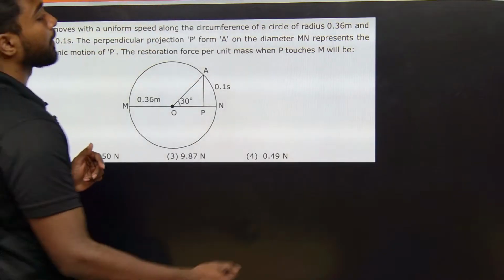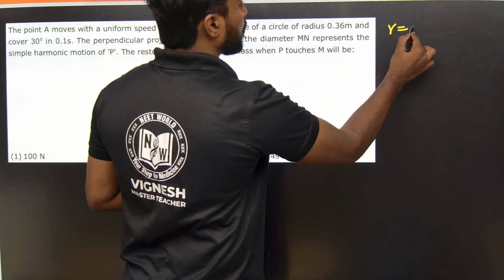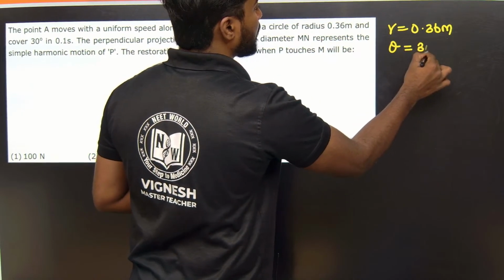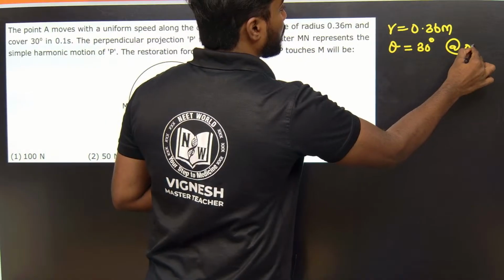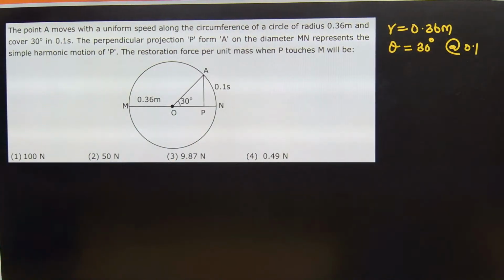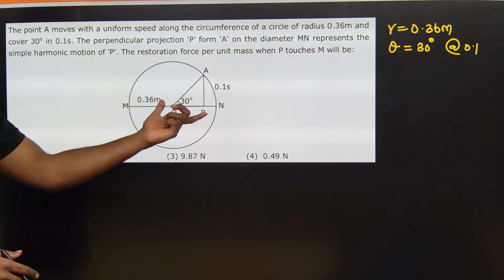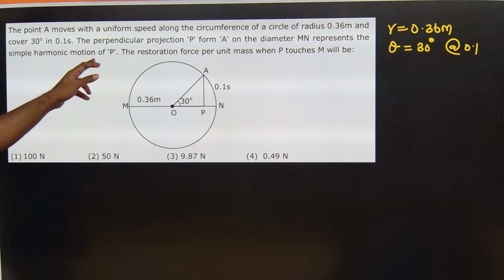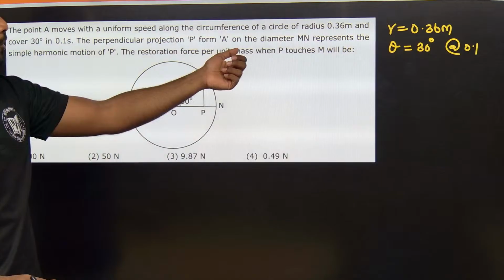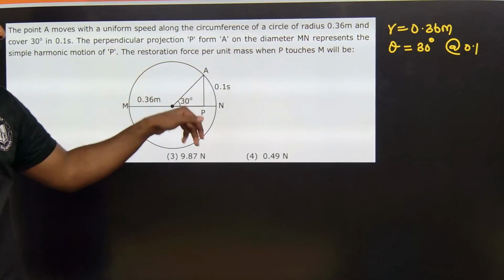Let me write that: r is equal to 0.36 meter and theta is equal to 30 degree in 0.1 second. Then the perpendicular projection P from A on the diameter MN, this is the diameter MN, represents the simple harmonic motion of P. The restoring force per unit mass when P touches M will be.